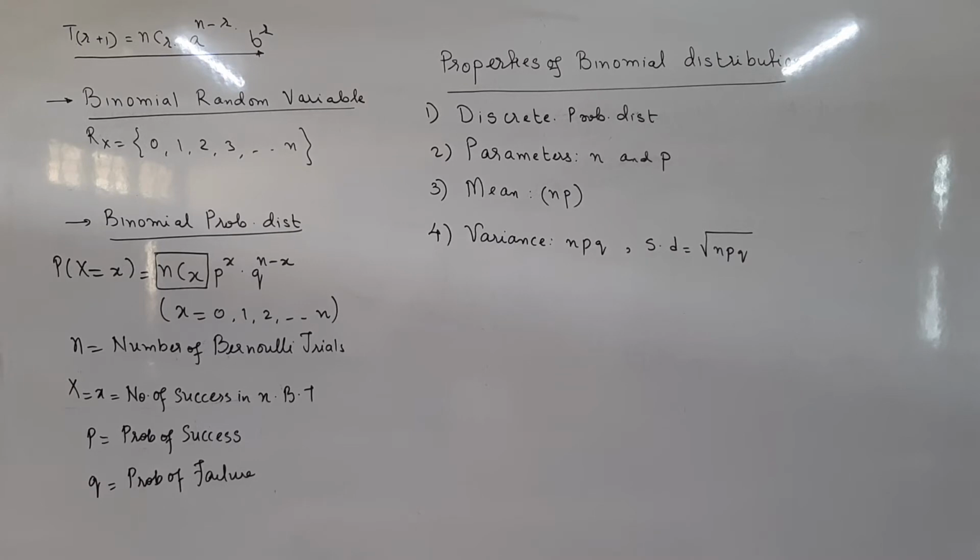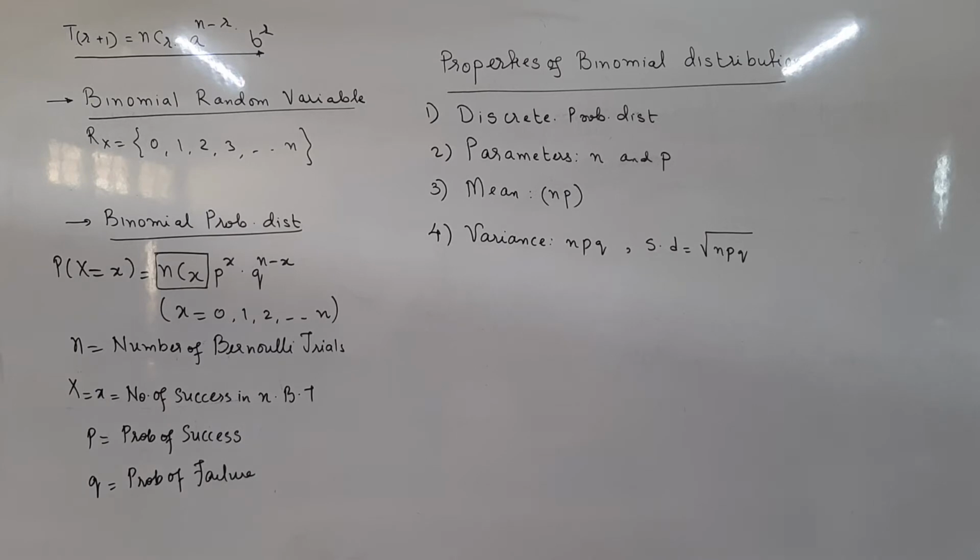So, as far as mean, variance, and standard deviation are concerned, we should know the values of n, p, and q. Okay, q is not required for mean, but for variance and standard deviation, students, q is required.